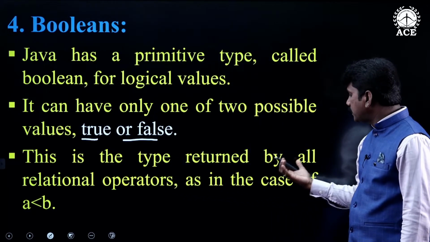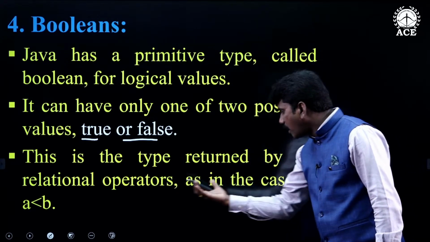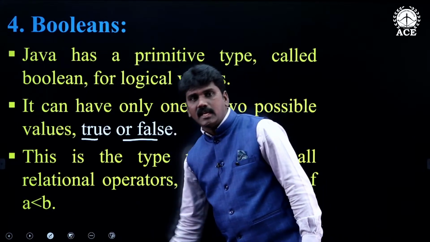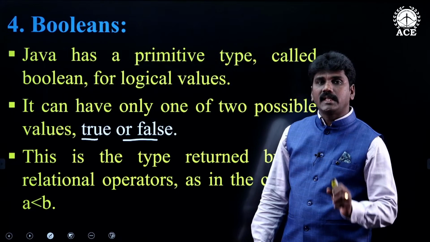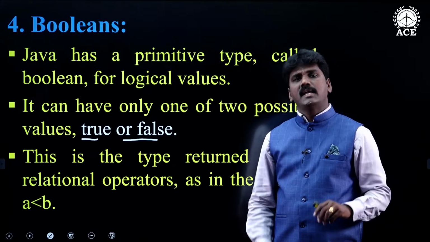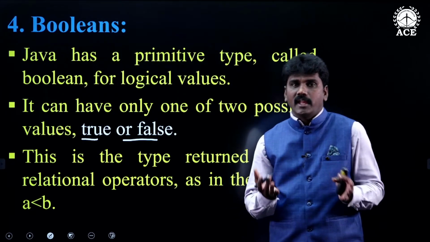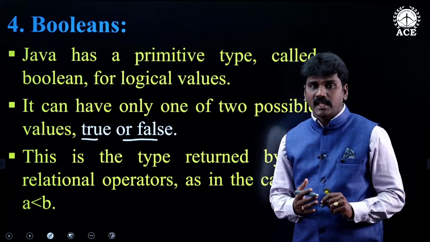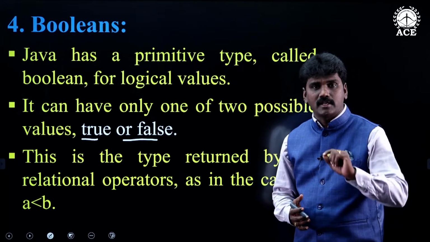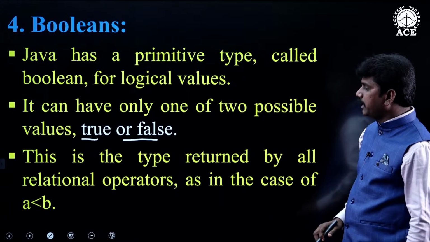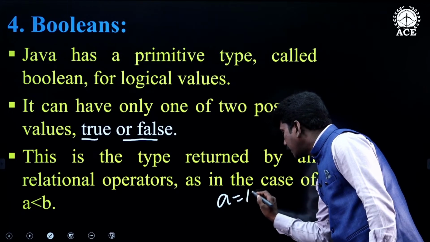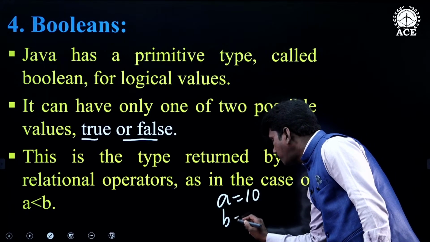This is the type returned by all relational operators, as in the case of A less than B. Suppose I have the condition whether A is less than B or not. Based on the values of A and B, the condition is decided to be true or false. For example, suppose A is equal to 10 and B is equal to 5.